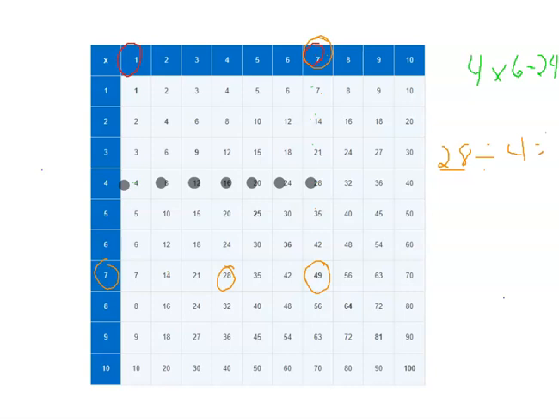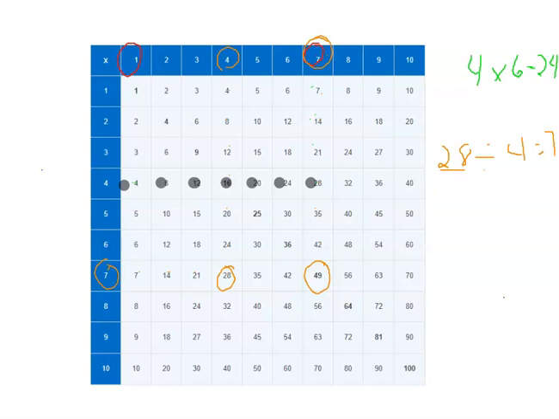So 28 divided by 4, 1, 2, 3, 4 is 7. 28 divided by 4 is 7. Or 28 divided by 7, count back, 1, 2, 3, 4, 5, 6. There's the 7, would be 4. Okay, so that is our review of our multiplication chart.